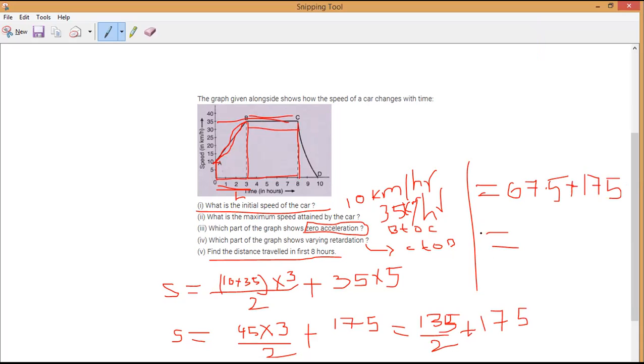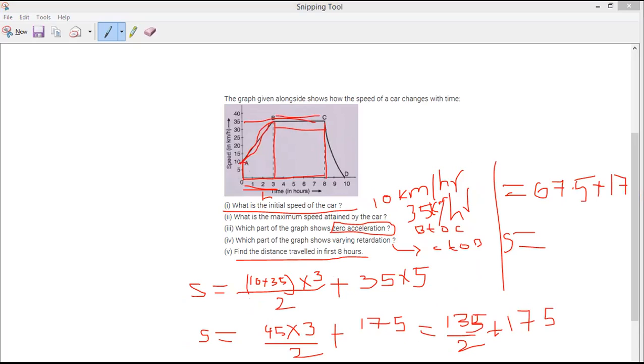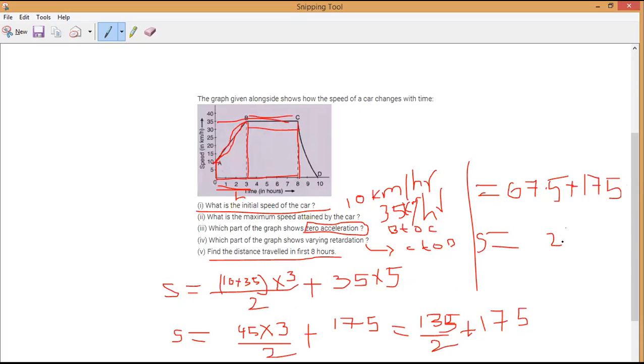S equals the total distance within the first 8 hours, which is equal to how much? Add it. How much, Pradesh? Mahalakshmi is saying 242.5. Yeah, 242.5 meters.